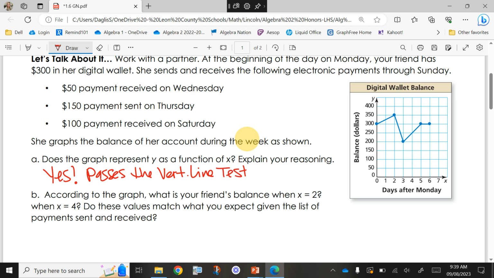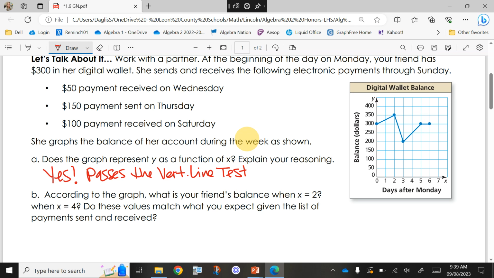Okay? Each input has a unique output. So it is a function. Piecewise functions are functions. According to the graph, what is your friend's balance when x equals 2?